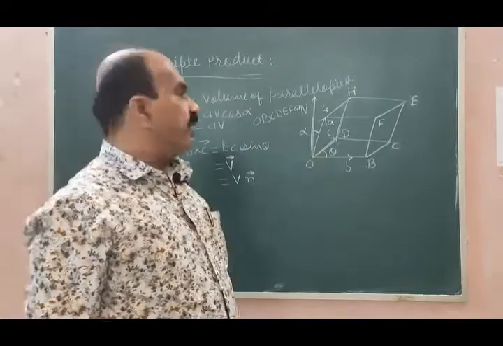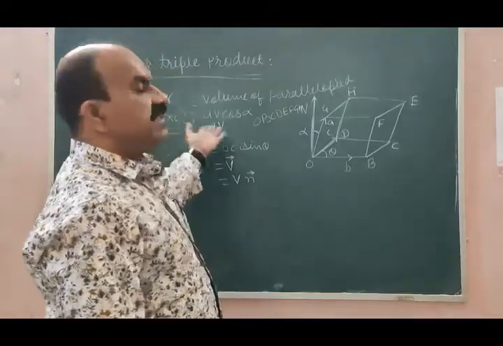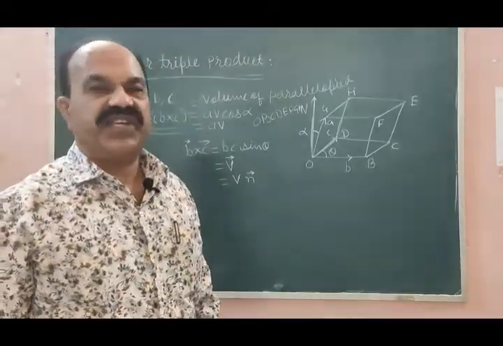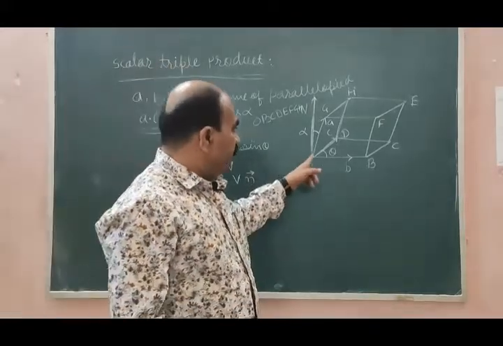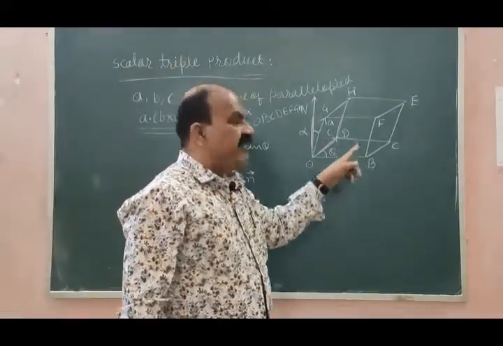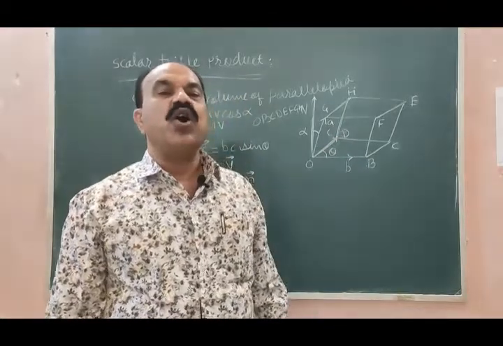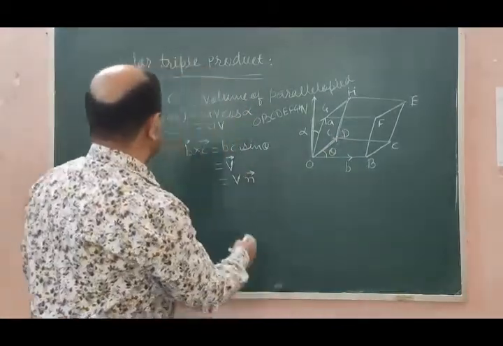Volume of this parallelopiped is nothing but A dot B cross C, where vector A, vector B and vector C are concurrent edges.